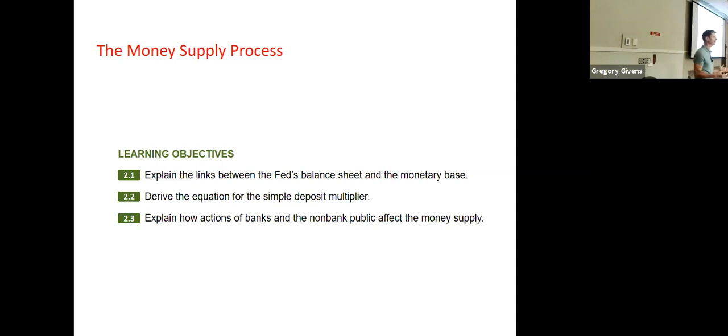The reason why it doesn't is because there are these two other actors in the economy, banks as well as individual consumers, whose behavior has a big effect on the money supply. When economic circumstances change, that causes our behavior to change in such a way that can have dramatically different effects on the money supply. That's why controlling or managing the money supply is such a difficult task for the central bank. It's so difficult, in fact, that most modern central banks have more or less abandoned any kind of tight control over the money supply altogether.